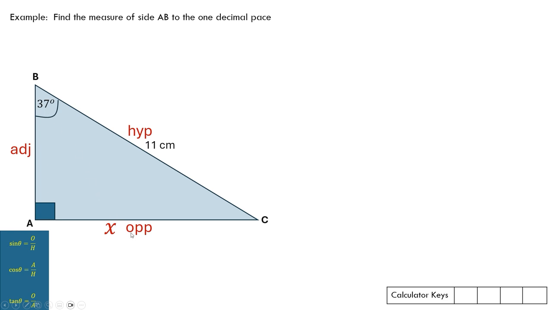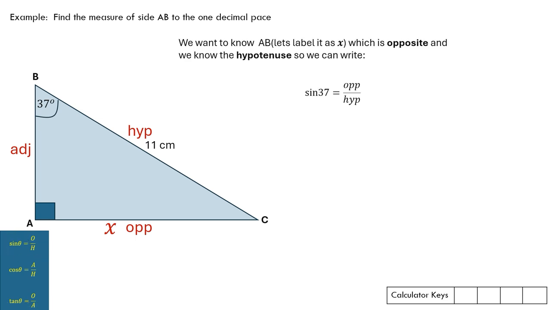We want to know the opposite, and we're given the hypotenuse. Looking at our chart, the trig ratio that deals with opposite and hypotenuse is the sine ratio. So we could say sine 37 equals opposite over hypotenuse. For this specific triangle, sine 37 will equal x over 11.